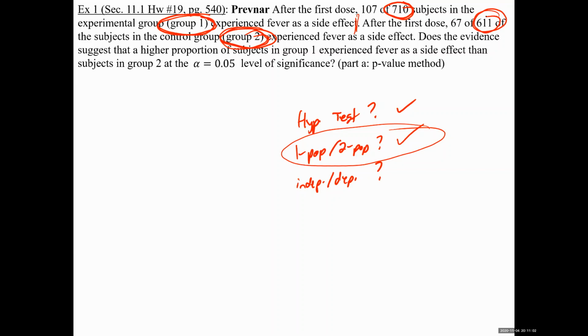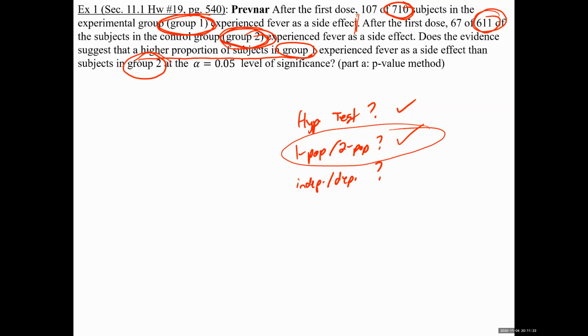But now if you read the next sentence, it says, does the evidence suggest that a higher proportion of subjects in group 1 got a fever than in group 2? They're asking you to compare group 1 and group 2. It's a mistake. That's not what they should be writing. Because if we only care about how people did in group 1 and group 2 in the samples, then we don't need stats.